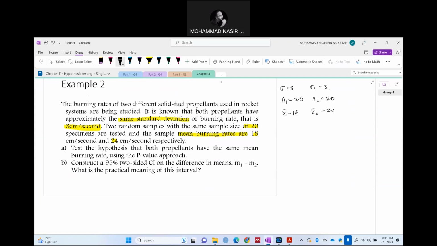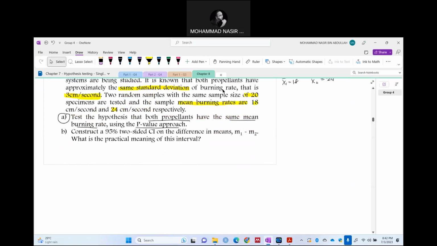So the question asks, test the hypothesis that both propellants have the same mean burning rate, using the p-value approach. Okay. So the null hypothesis will be mu1 equal to mu2, right?